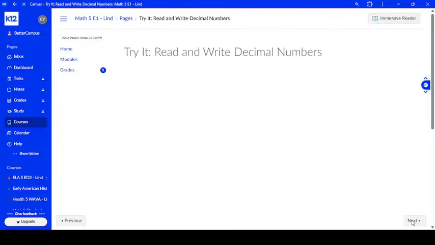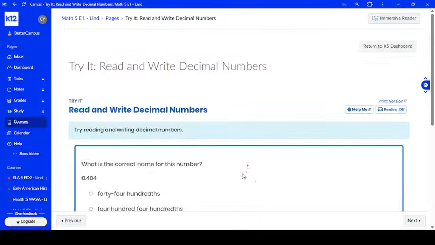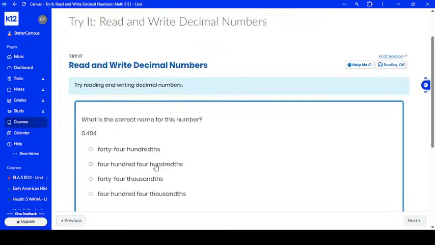Try: read and write decimal numbers. Okay. What is the correct name for this number? Is it A, 44 hundredths, B, 400 hundredths, C, 44 thousandths, or D, 404 thousandths?